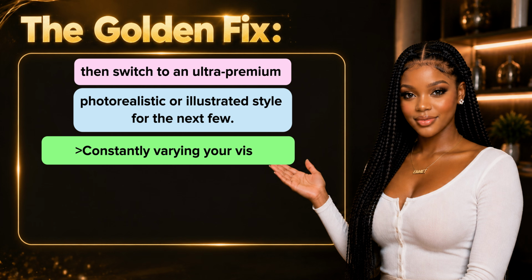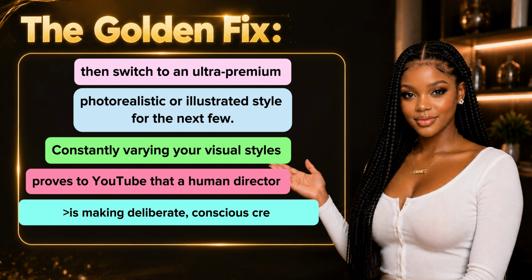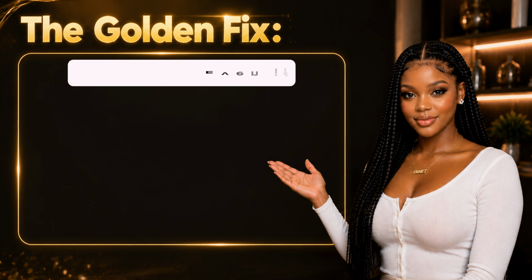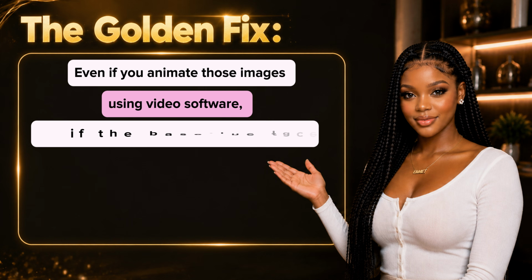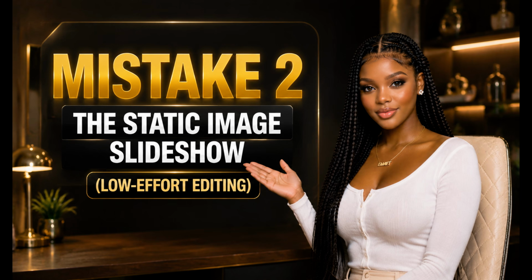Constantly varying your visual styles proves to YouTube that a human director is making deliberate, conscious creative choices. Keep in mind, even if you animate those images using video software, if the baseline faces look like public clones, the system will still flag them.